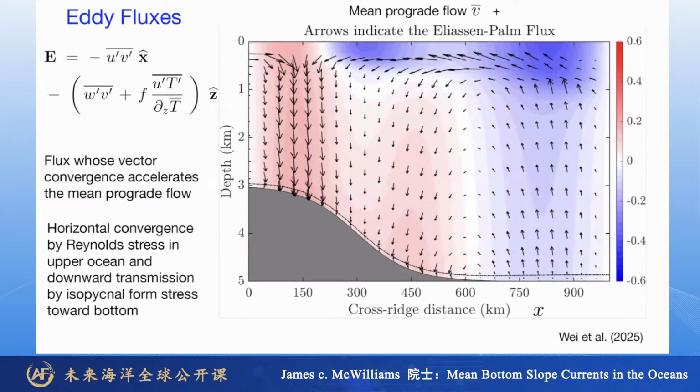That is, it's pressure forces acting on isopycnal surfaces, which have very little mixing across them except in the boundary layers. And so isopycnal form stress is a vertical transfer eddy flux, a vertical transfer of momentum. The horizontal Reynolds stress is horizontal transfer.